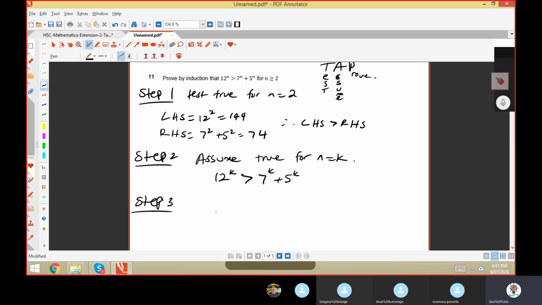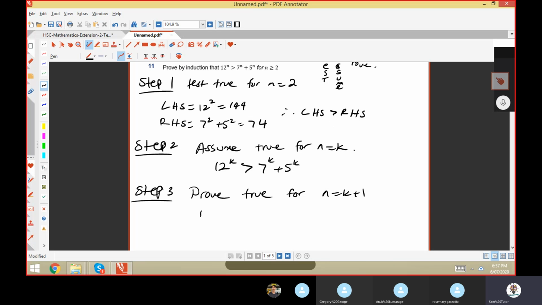Don't forget that. Step 3 is prove true for n equals k plus 1. So in other words, you're trying to prove that 12 to the k plus 1 is bigger than 7 to the k plus 1 plus 5 to the k plus 1. Okay, all good?